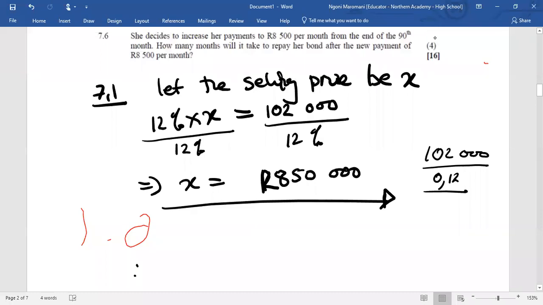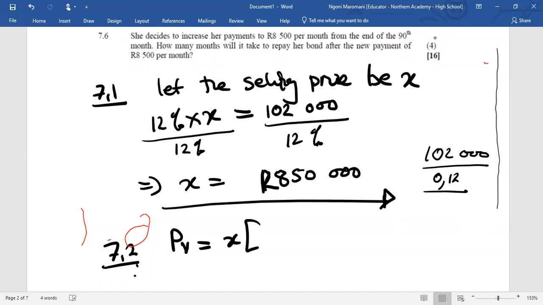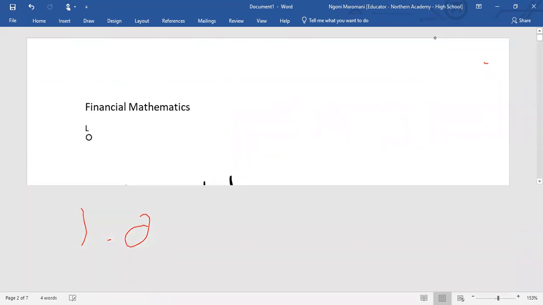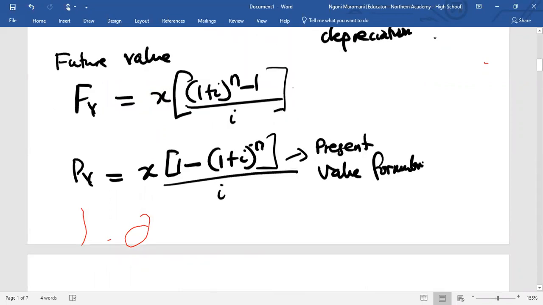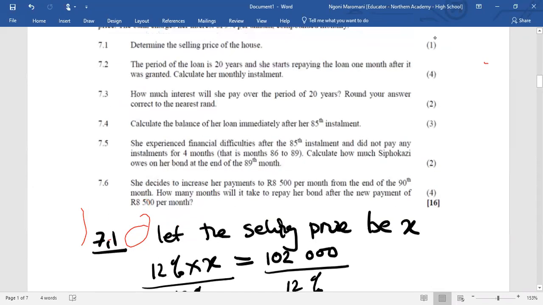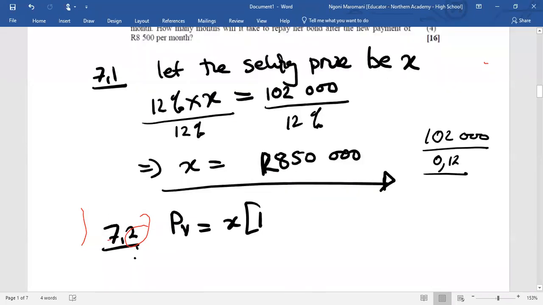So on 7.2, the present value formula is: PV equals x times [1 minus (1 plus i) to the power of minus n] all over i. Are we all there, guys?